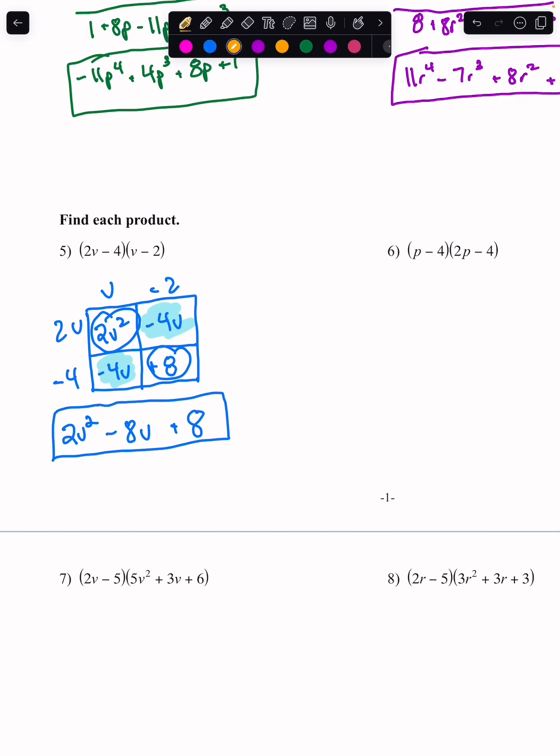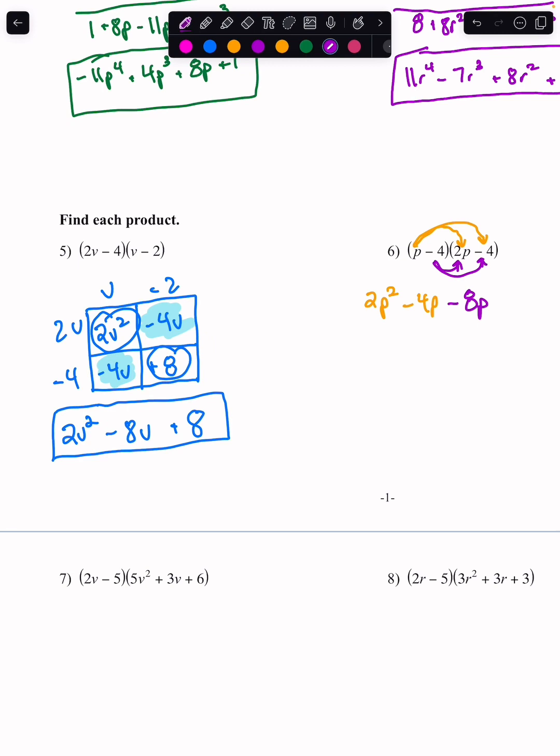And on the other side, I'm going to do the FOIL method. So I got to do p times 2p is going to be 2p squared. P times negative 4, negative 4p. And then when you do the other side, negative 4 times 2p is negative 8p.